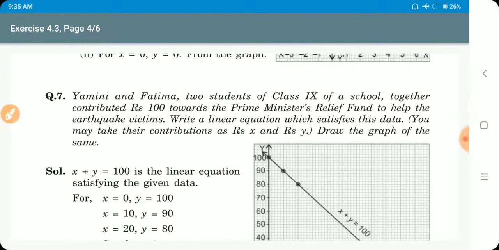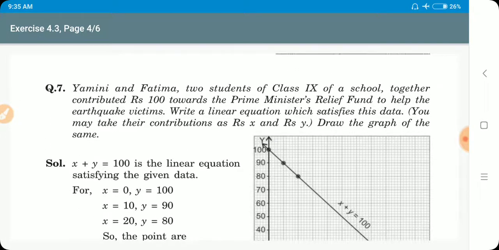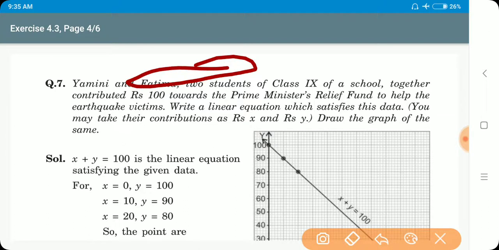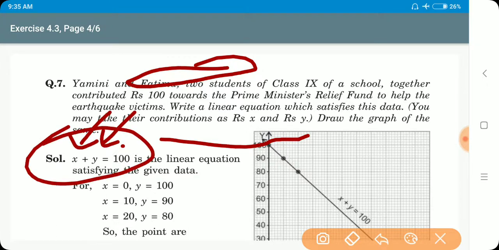Next, Yamini and Fatima, two students of ninth standard of a school, together contribute 100 rupees toward the Prime Minister Relief Fund. Write a linear equation which satisfies the data. Suppose Yamini contributes x and Fatima y, so their total sum is 100.